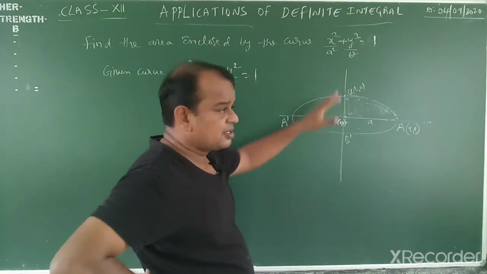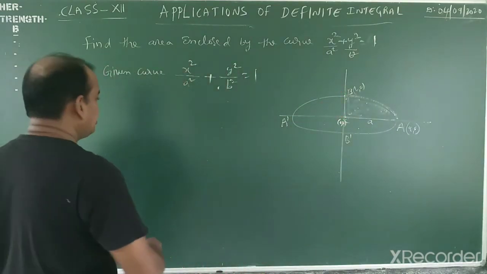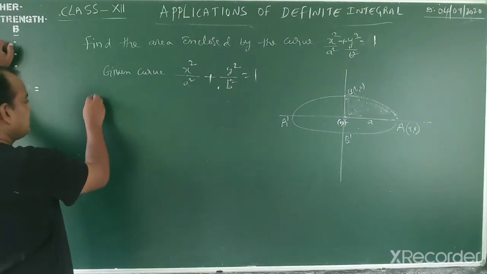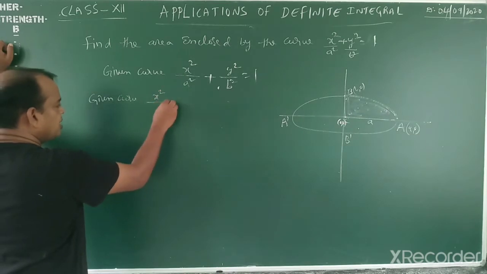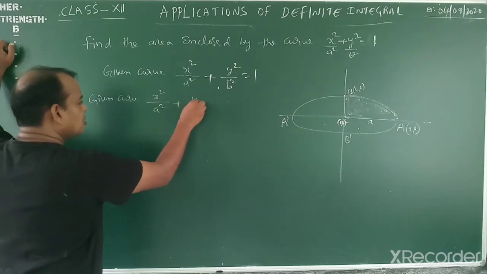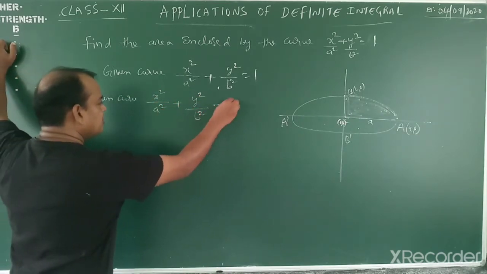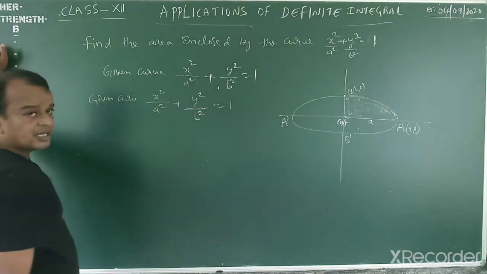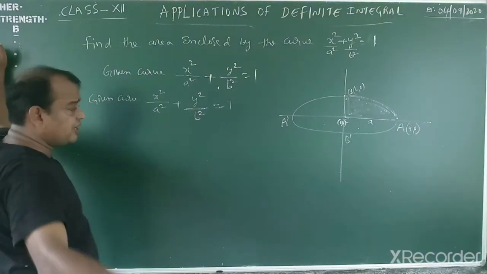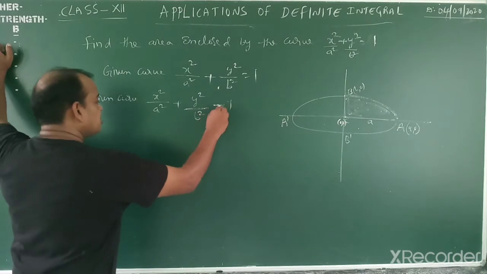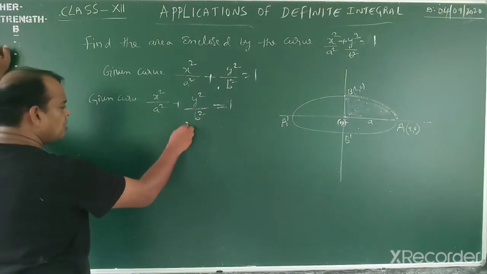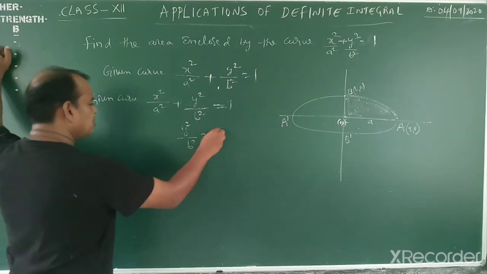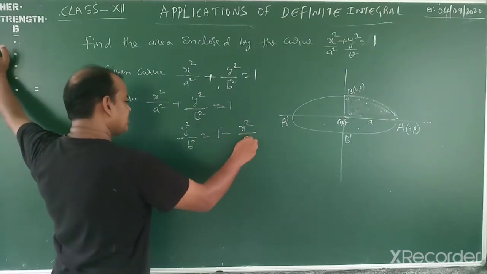Okay, my dear students, what is going on here? Observe the given curve: x square by a square plus y square by b square is equal to 1. From this we find y square by b square is equal to 1 minus x square by a square.